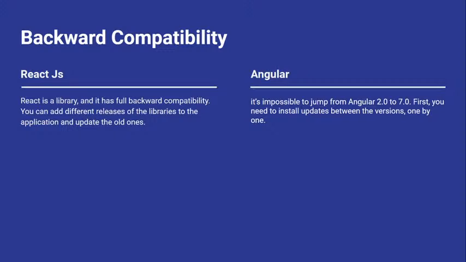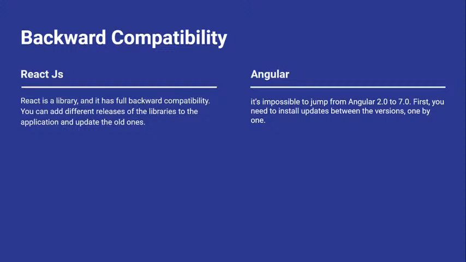And backward compatibility. It is the most important thing for all applications. Whenever we are going to use a library or framework, we always prefer a stable version for creating that specific application. React.js provides backward compatibility, which means you can directly go backward.